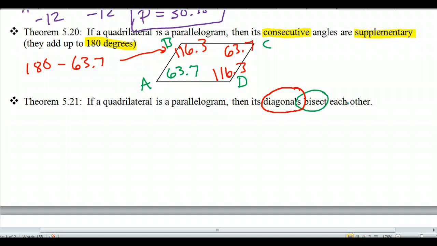Okay? Now, what are diagonals? This word diagonals, what are they? Do you know what those things are?